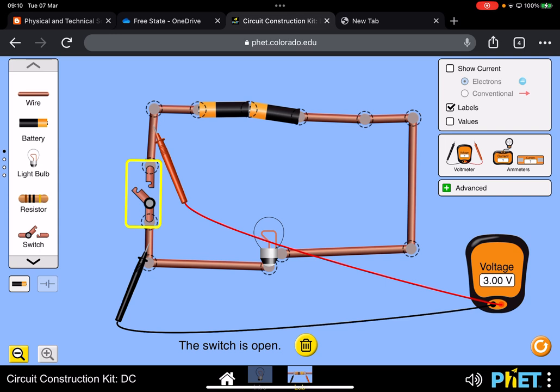Not like that. Charges move very fast. So when the switch is closed, it just goes. You can't actually stop it in time, because the charge just goes too fast.